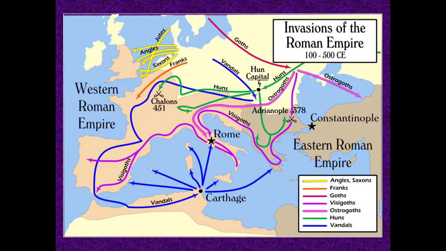You can see even here the Vandals are really something else. The Vandals way out here, these guys coming out of Germany. It's always coming out of Germany. They move along this way, invade all the way into Spain, and make it all the way to ancient Carthage, the ruins there. And from there by sea, they strike out and start attacking all these Roman territories. These Vandals are kind of like the Vikings in the way that they work.